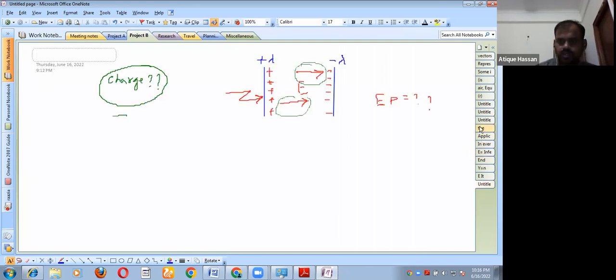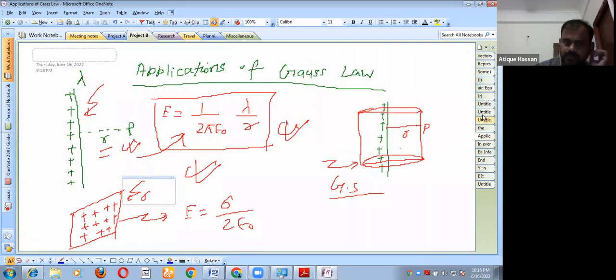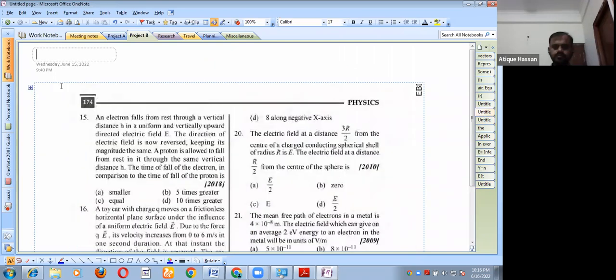What question 15 is saying is that an electron falls from rest through a vertical distance h in a uniform, vertically upward directed electric field E. The direction of the electric field is reversed, keeping the magnitude the same. A proton is allowed to fall from rest through the same vertical distance.